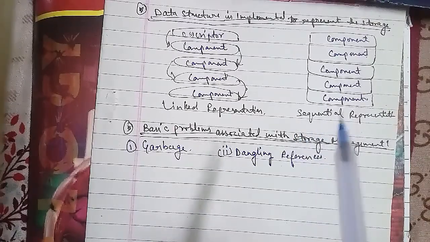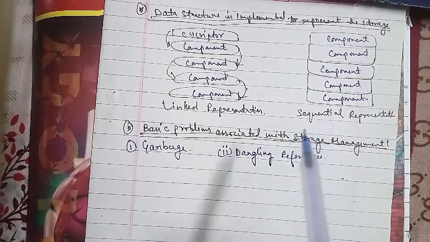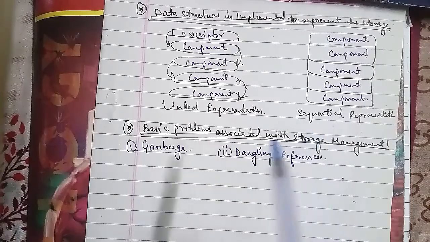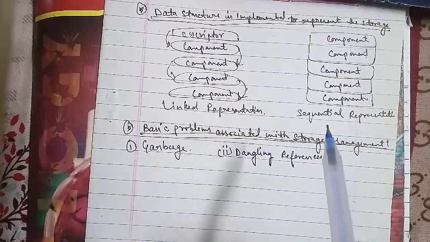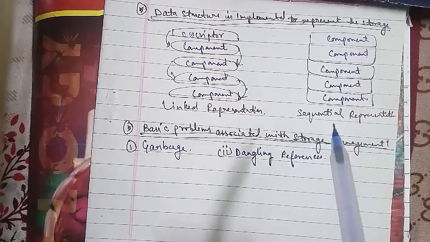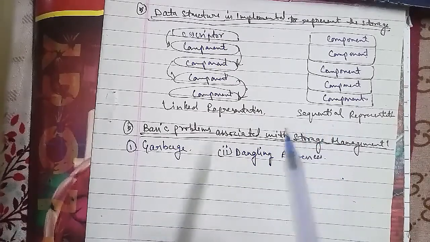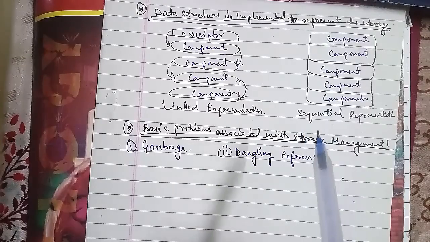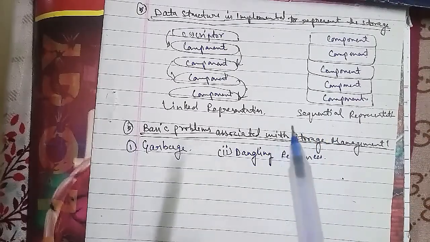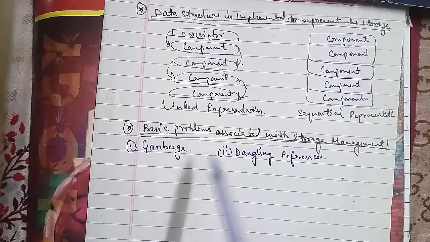Or it can modify housekeeping data, such as links in a free space list, that has been stored there temporarily by the storage management system, thus destroying the integrity of the storage management system as well. These two are the basic problems associated with storage management here.